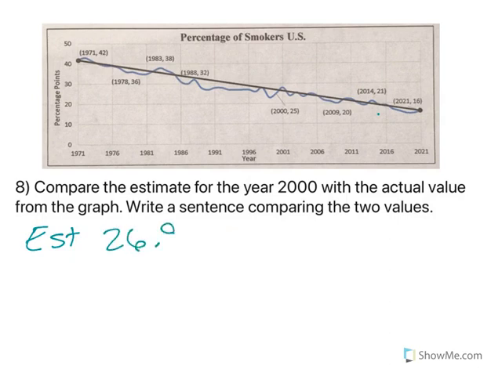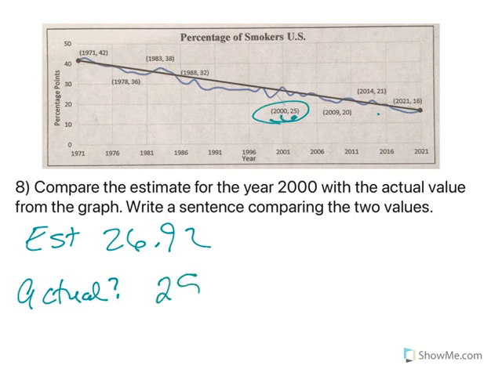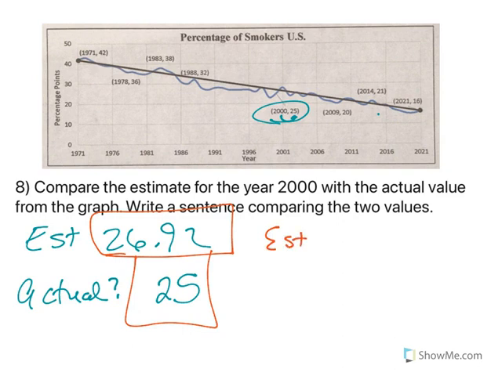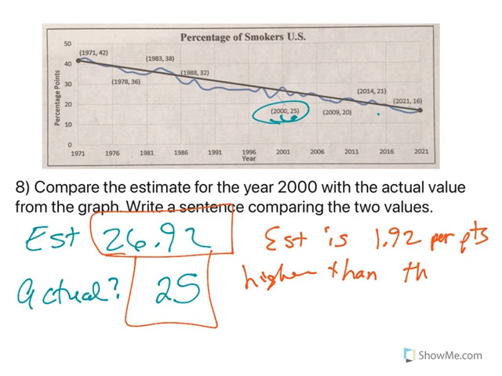Estimate 26.92. What is the actual? As I just mentioned, the actual in the year 2000 is 25. So we can compare these two. The estimate is 1.92 percentage points higher than the actual.